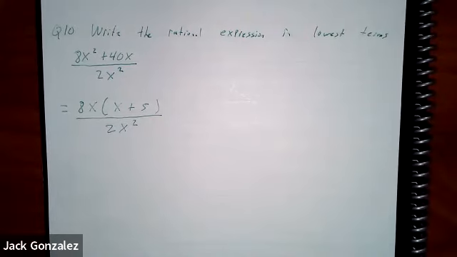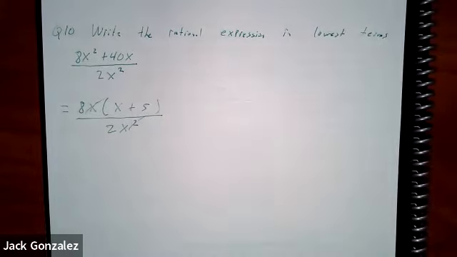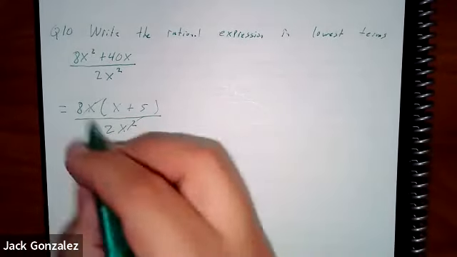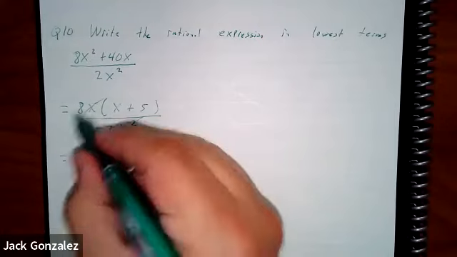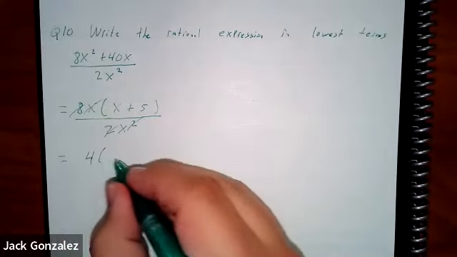You can't cancel before. So what cancels here? Yeah, this x and one of those, right? And this 8 and 2, 4 times. So we're left with 4.